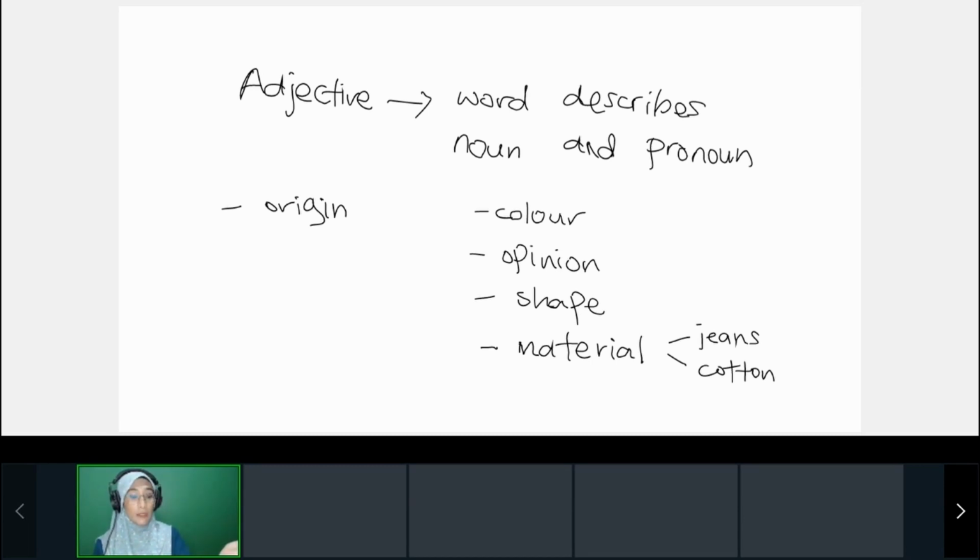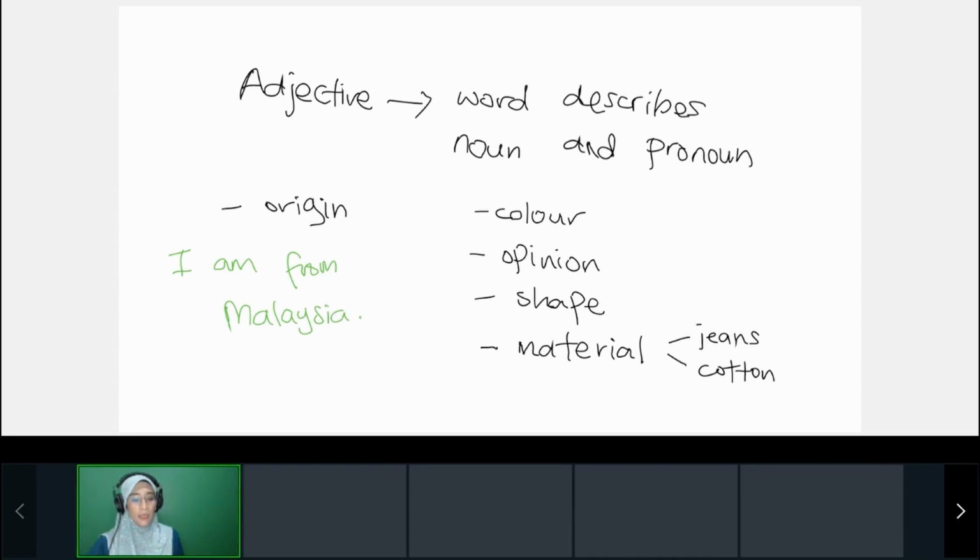Maybe that one is from New York, that one is from Edinburgh, that one is from Spain, right? So you yourself, where are you from? You can say, I am from Malaysia. So I being a pronoun, right? Let me just write a sample sentence. I am from Malaysia.